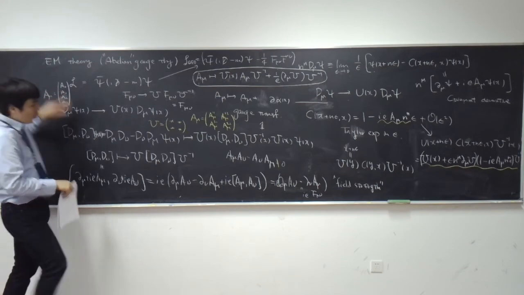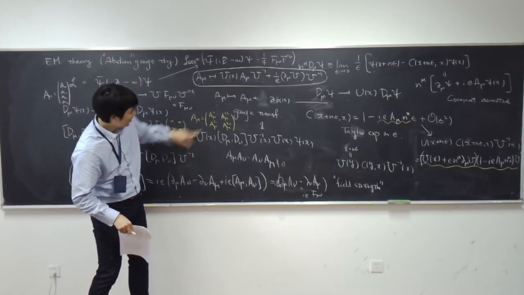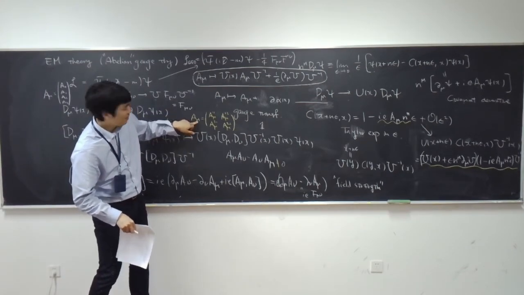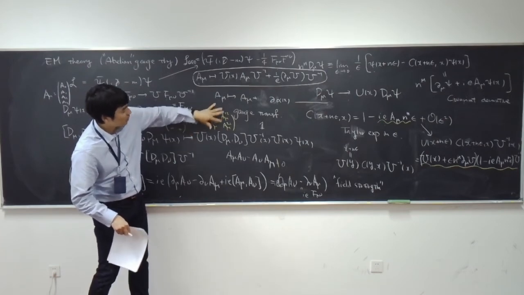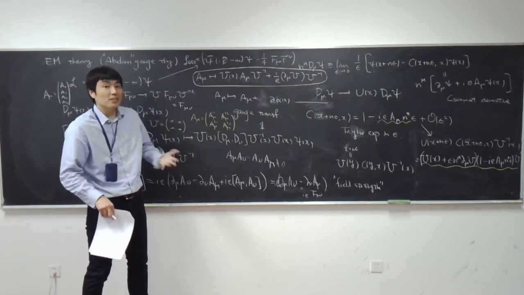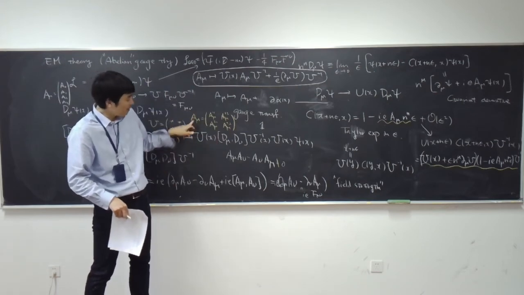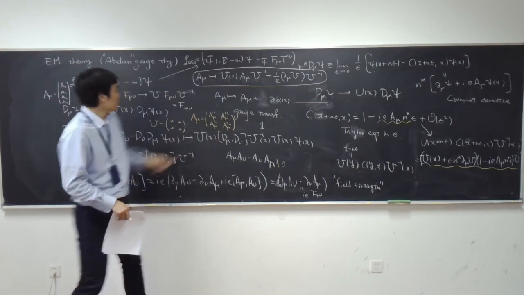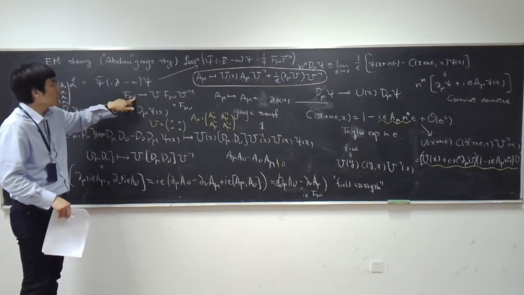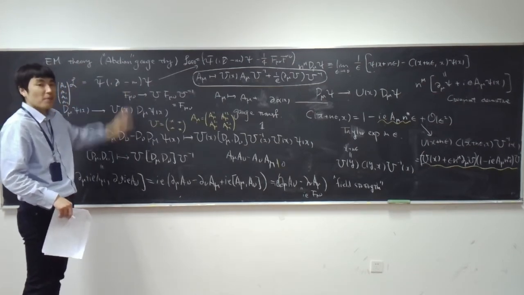But this one already fits into here. You fix mu, and if you vary from 0 to 3 it becomes a 4-vector. But now I fix mu here. So if you fix mu and nu, F still takes a matrix value.